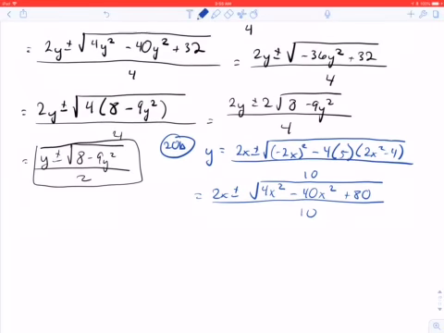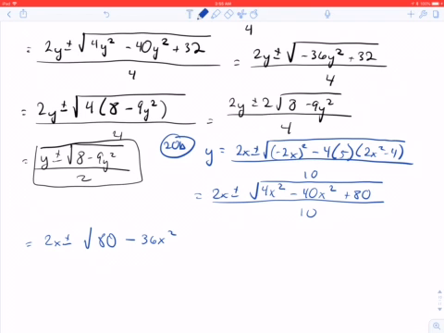It doesn't really look like anything factors. 2x plus or minus is going to be 80 minus 36x squared.